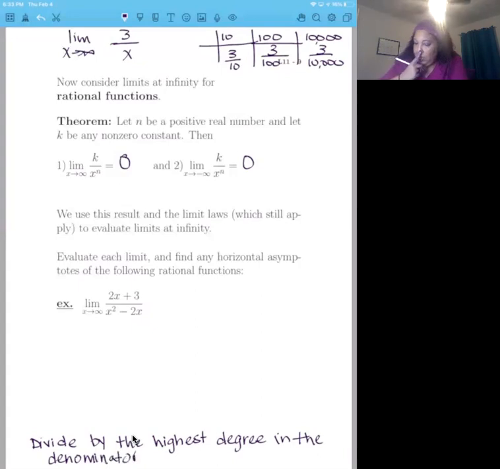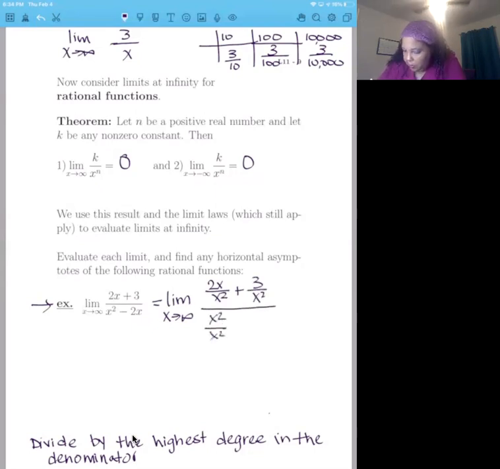All right, so I'm looking at this first question. And the degree in the denominator is x squared. Okay, so I'm going to divide every term by x squared. So I have the limit as x goes to infinity of 2x over x squared plus 3 over x squared, over x squared over x squared minus 2x over x squared.